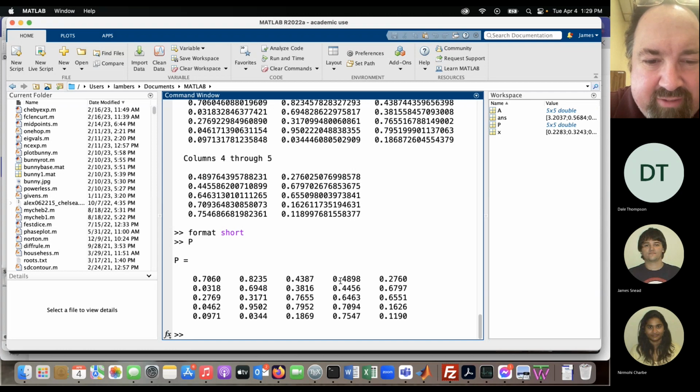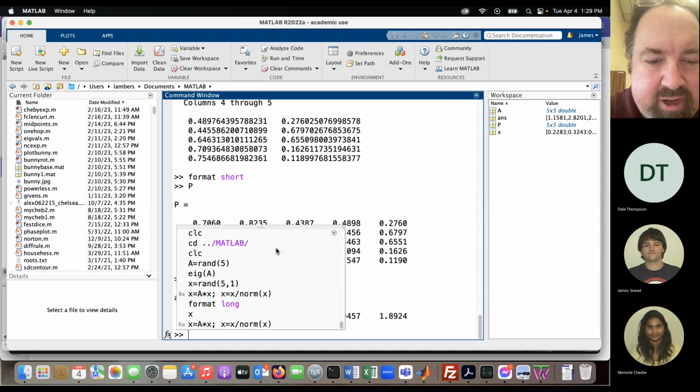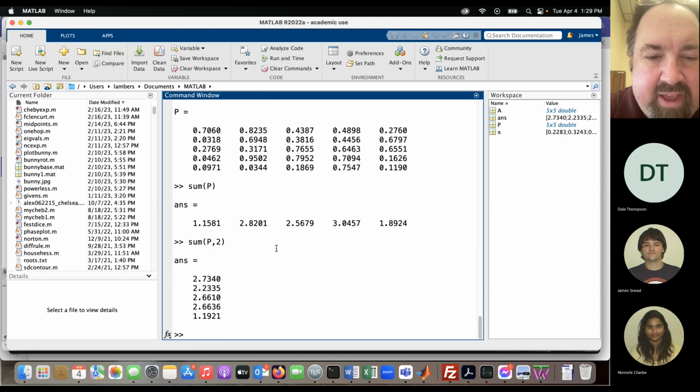Now, I have to refresh my memory. I believe if I do sum of P, it'll sum the columns. Yeah, these are all of the column sums. But if I do sum P comma 2, that will sum the rows. So I want these row sums to be equal to 1.